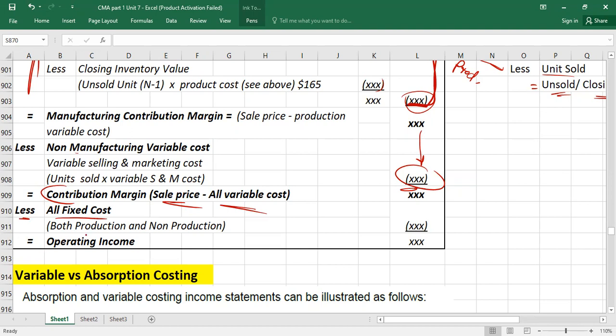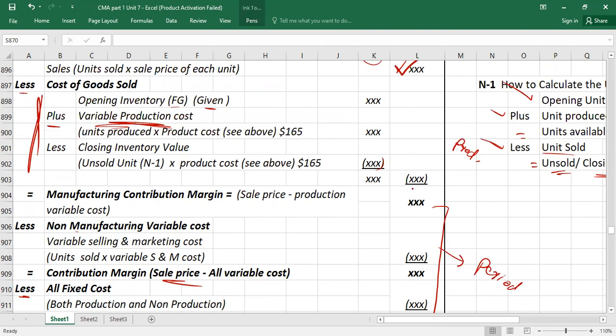So this will give you operating income. And guys, what I told you, from manufacturing contribution margin onward, whatever cost you write is treated as period cost. And the section before manufacturing contribution margin is called product cost.